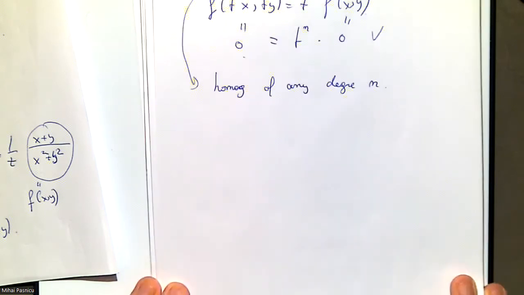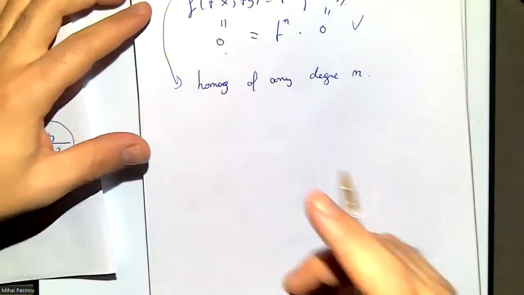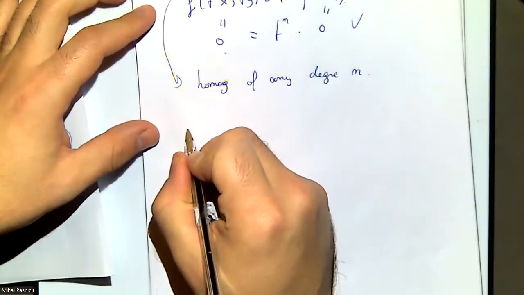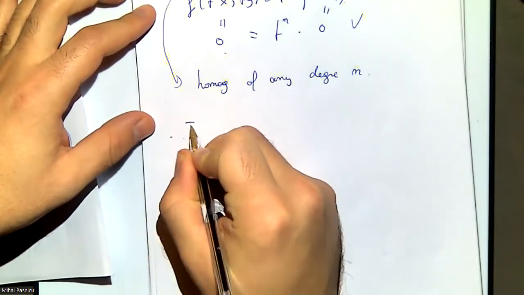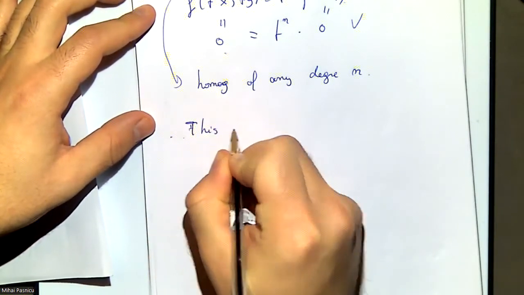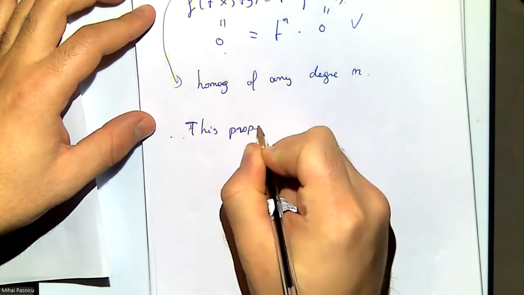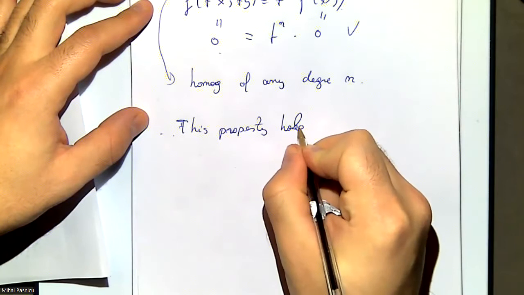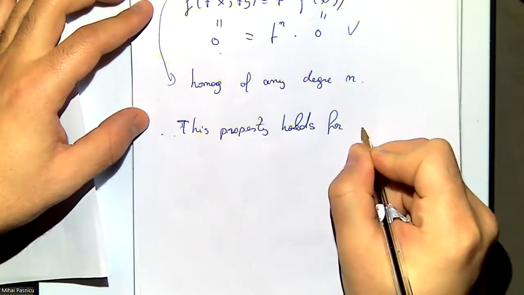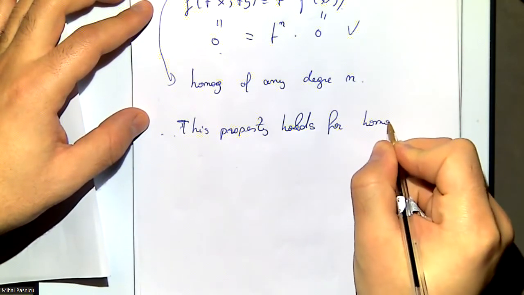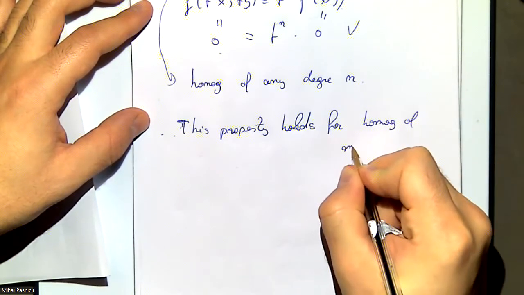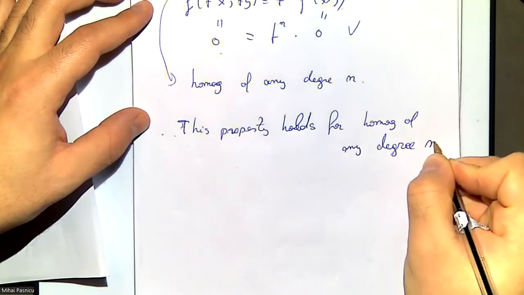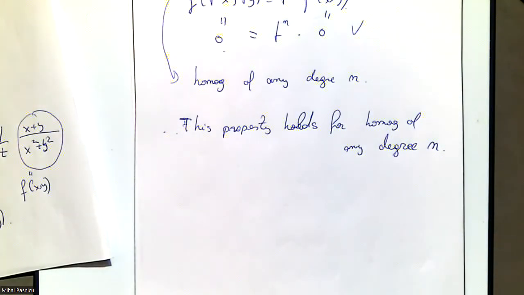So in his notes, he basically says something like, this property, dot, dot, dot, you don't need to write, you probably already wrote in your lecture notes, holds for homogeneous of any degree n. Okay, I'm pretty sure he wrote that somewhere.